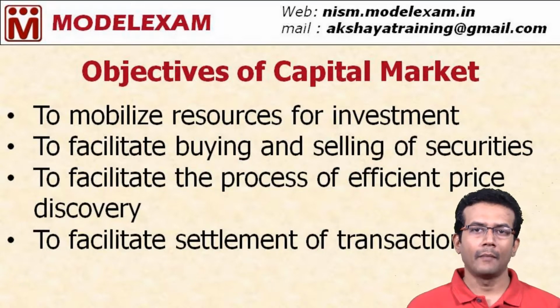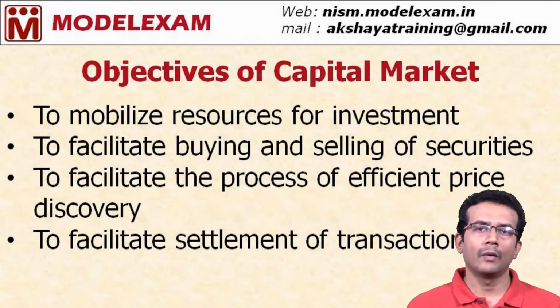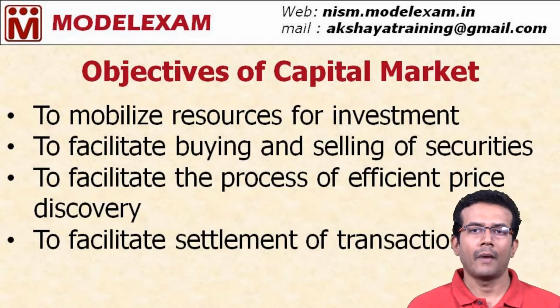Objectives of capital market. Now what are the purposes of a capital market? To mobilize resources for investment. Lot of companies need investments, public and private companies need investments, and capital market provides a solution for raising those investments. To facilitate buying and selling of securities. There should be a place wherein you can buy and sell securities with ease. So that is also one of the objectives of capital market.